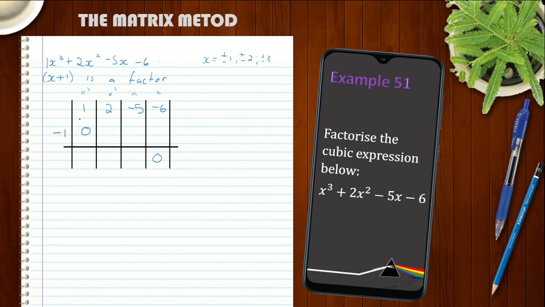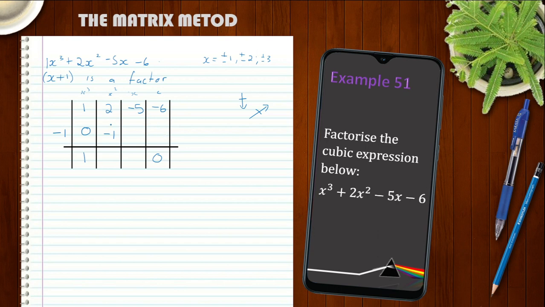That's quite easy to remember, because if we go down, we add. If we go across, we multiply. Alright, so 1 plus 0 is 1. And then minus 1 times 1 is going to be minus 1. So basically I'm adding down and then taking the answer and multiplying it with my minus 1, the x value that will give me 0.